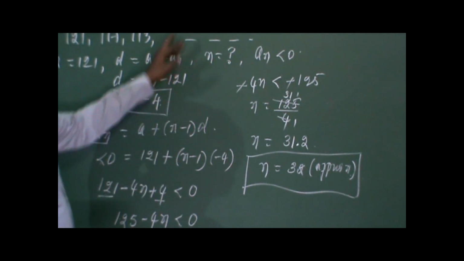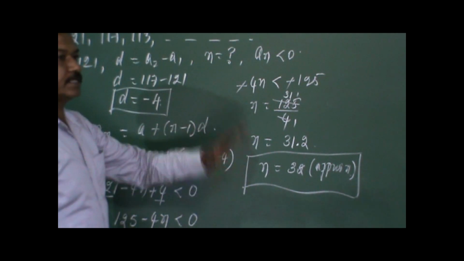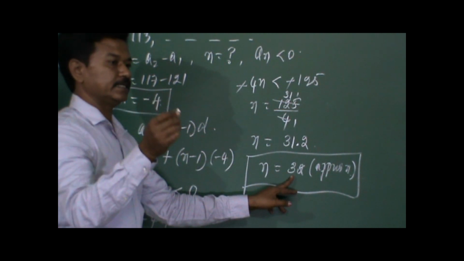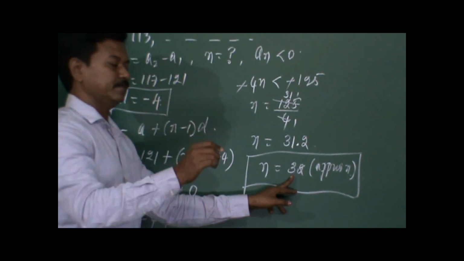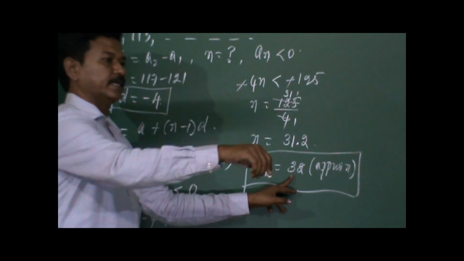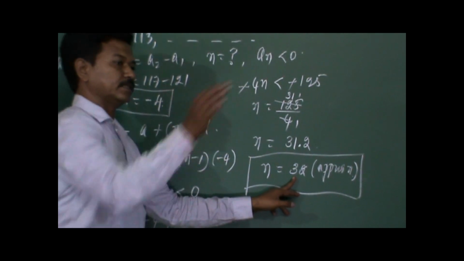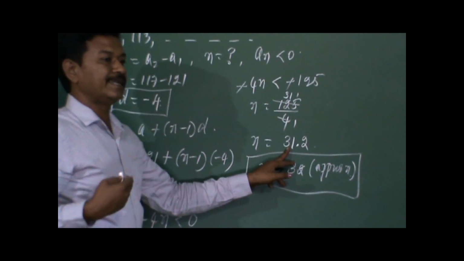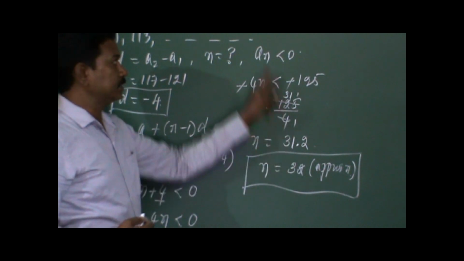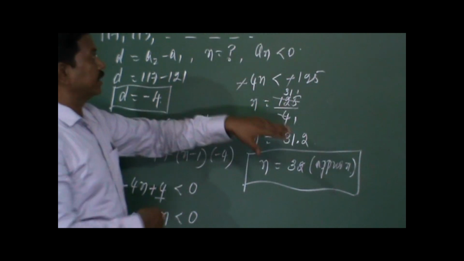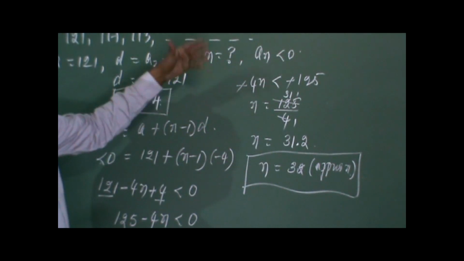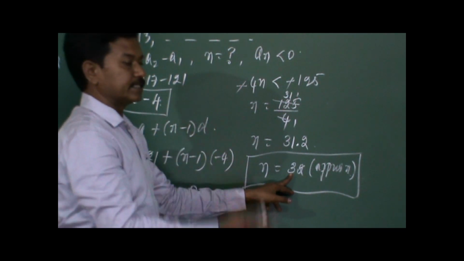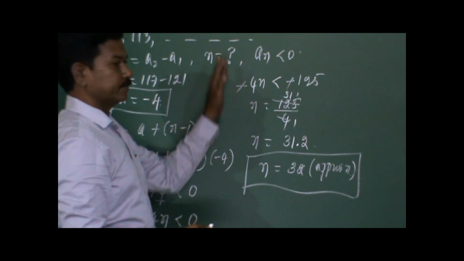So in this AP, the first negative term starts from the 32nd term. The 32nd term will be the first negative term, the 33rd term will be the second negative term, the 34th term will be the third negative term, and it continues. The 31st term will be the last positive term in this AP. If you want, you can check this AP: find the 31st term and the 32nd term by applying the nth term formula.